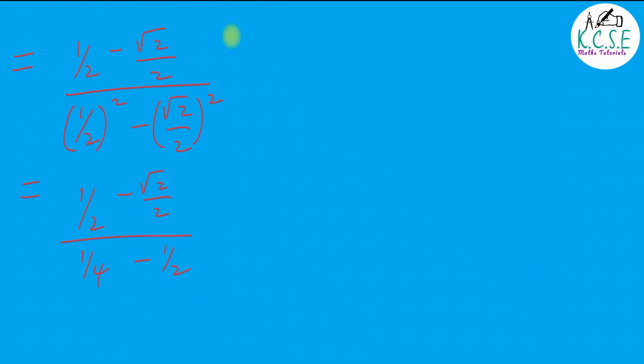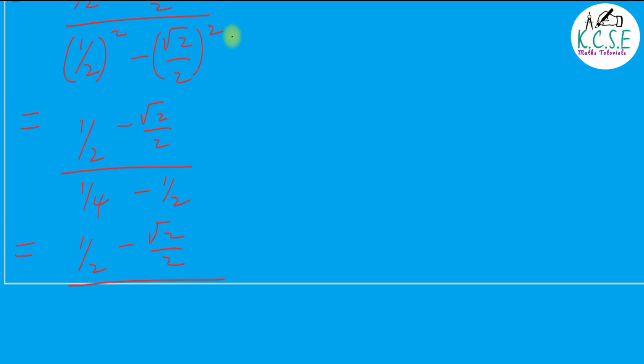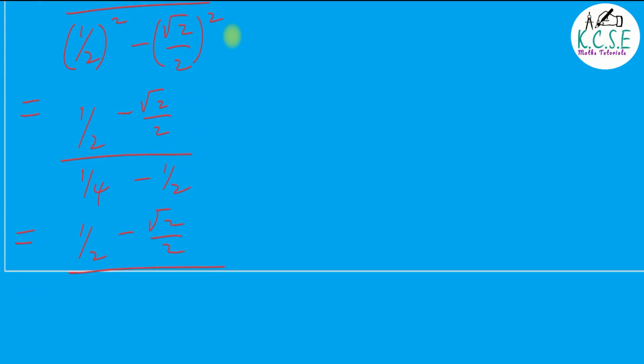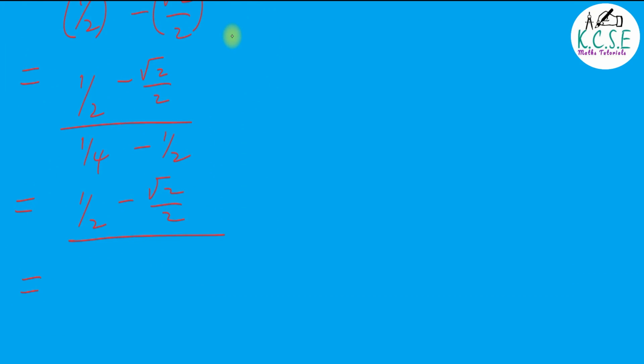So the denominator is a quarter minus a half. This will give negative a half, negative a quarter, I'm sorry. So this will give negative a quarter.